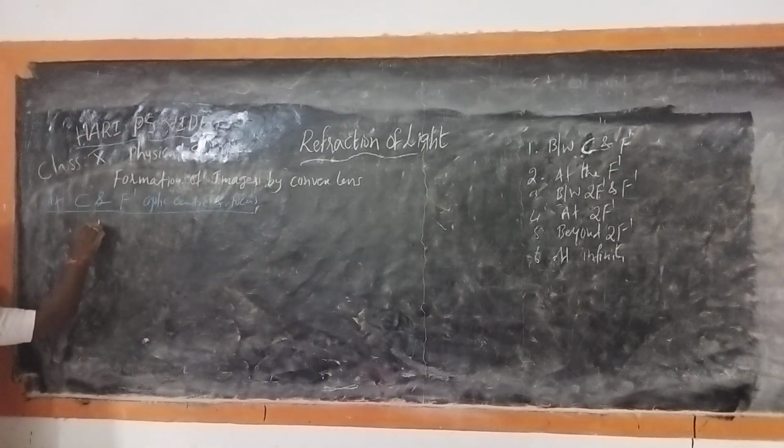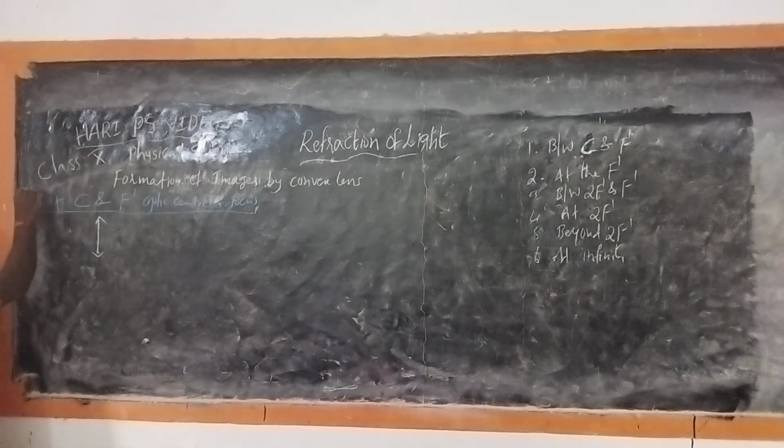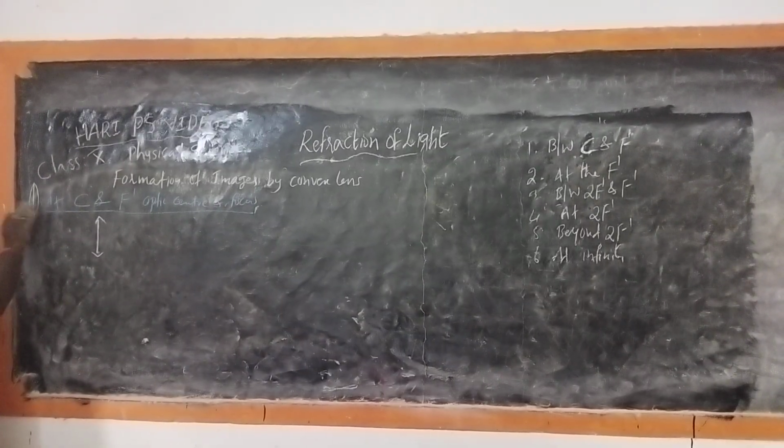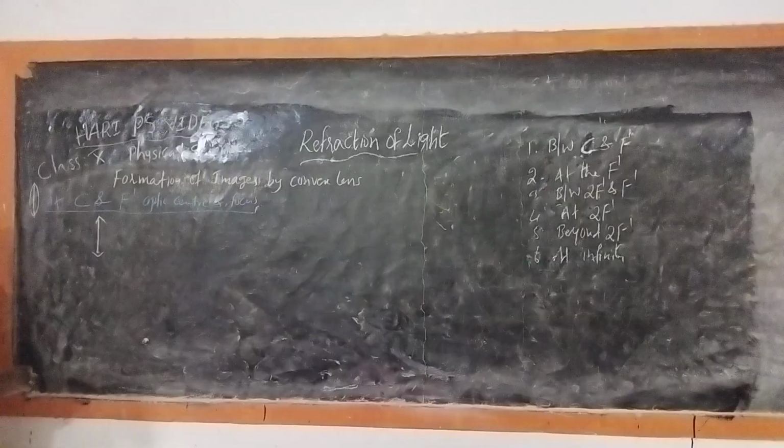Imagine a convex lens. No need to draw this symbol like this; if you have no problem, also draw. As for my convenience, I am drawing like this.